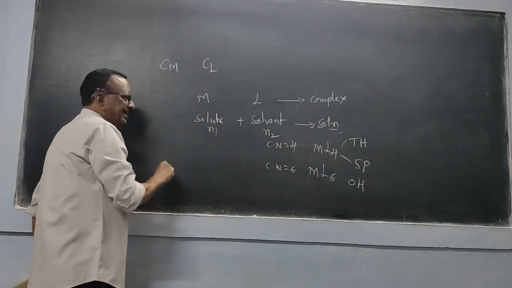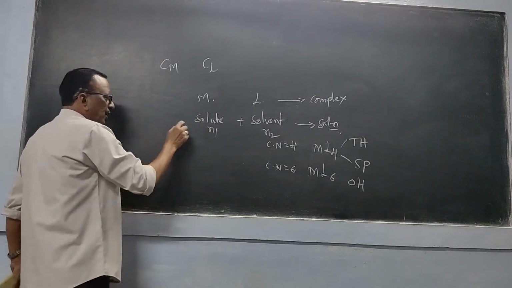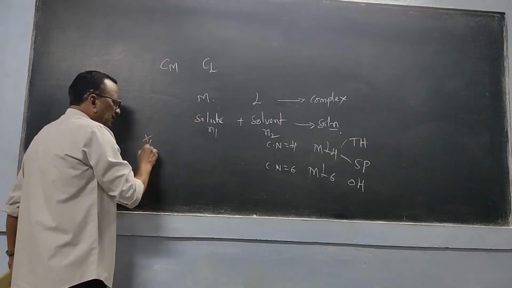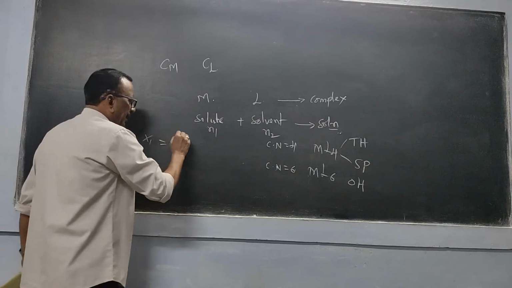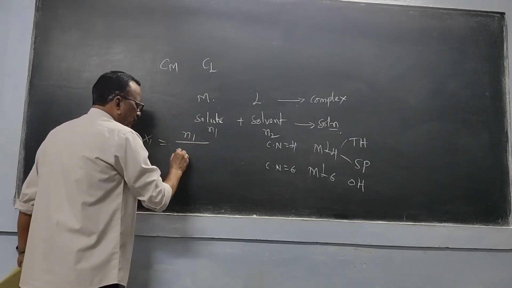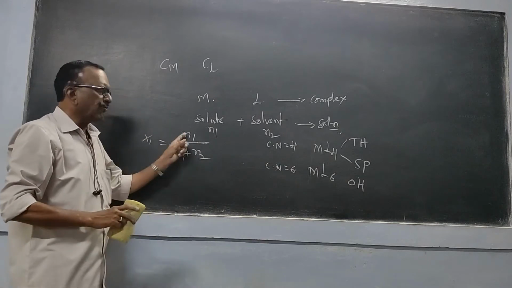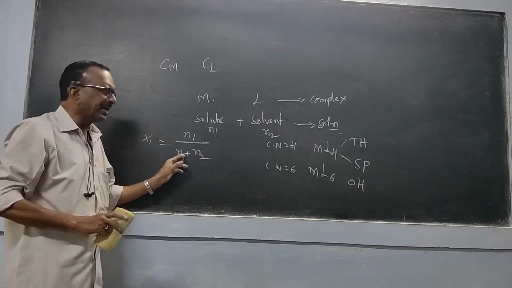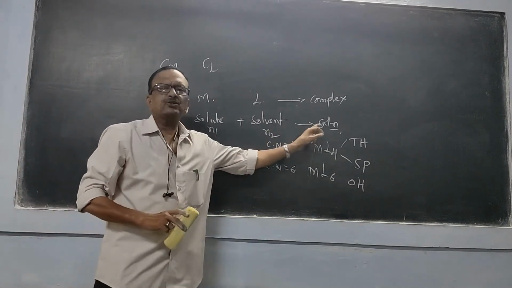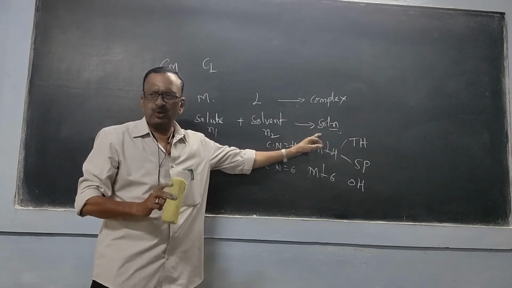So here in this case, the mole fraction of solute, that is X1, is equal to n1 by n1 plus n2. So number of moles of the solute by total number of moles in a solution. Like that we have learned.